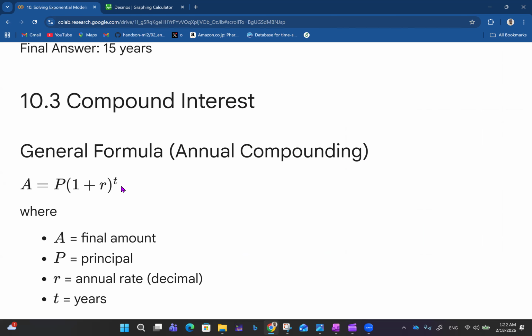You have to be able to do the conversion to be sure that you have a consistent result. 4 months out of 12 is what fraction of a year? That's one third. So your rate has to be multiplied by 1/3, or divided by 3, so that it is consistent.